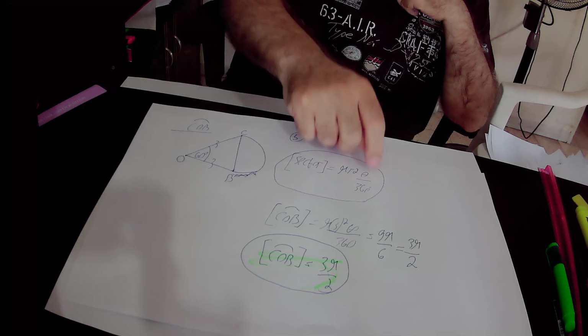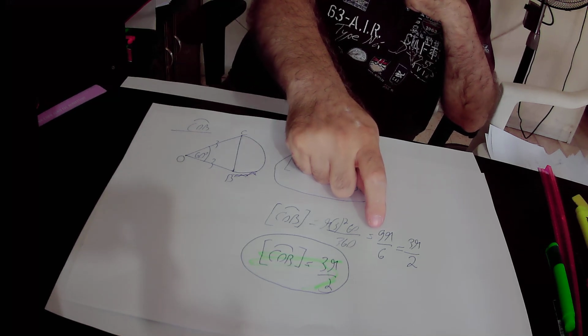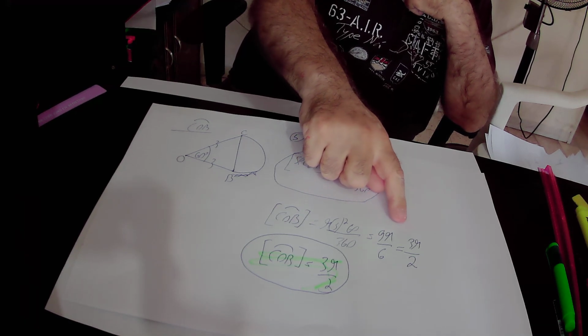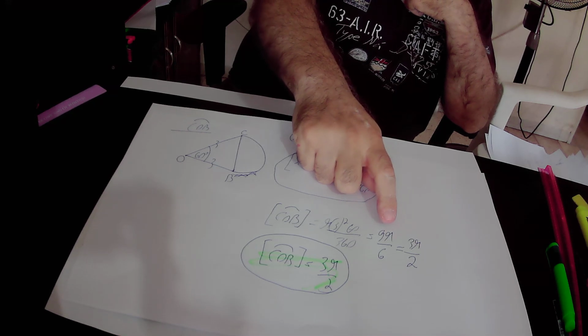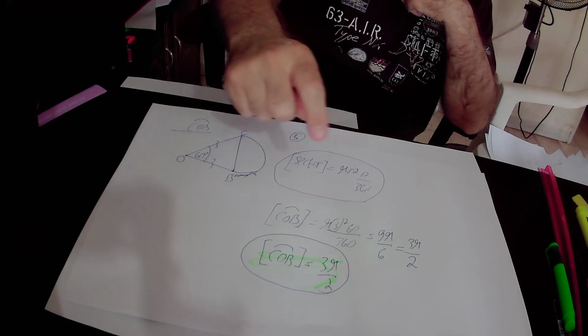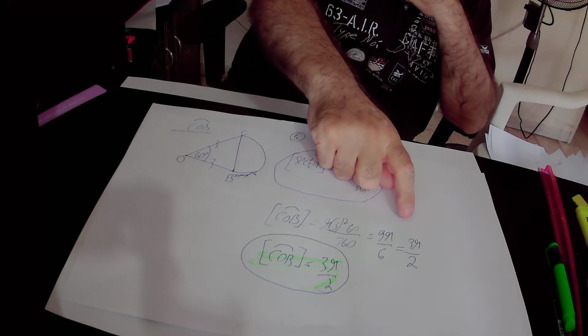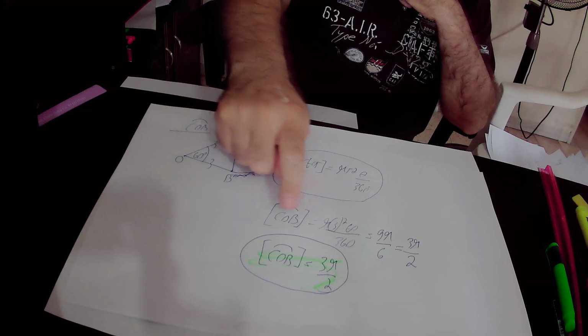We divide both the numerator and the denominator by 3. 9 over 3 is 3, so in the numerator we have 3 pi. 6 over 3 is 2. So I found that the area of sector COB equals 3 pi over 2 square units.